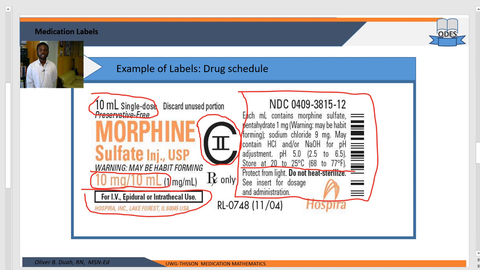It also tells you to protect from light, because light may cause chemical reactions that degrade the components of this medication. It also tells you to not heat or sterilize. And so you see a lot of the components that we have talked about on this drug label.